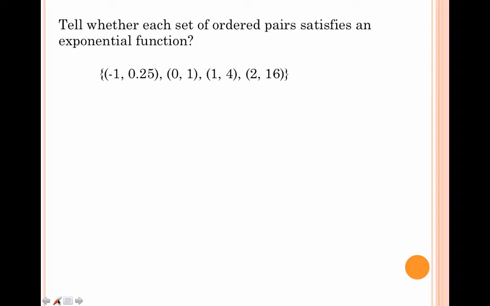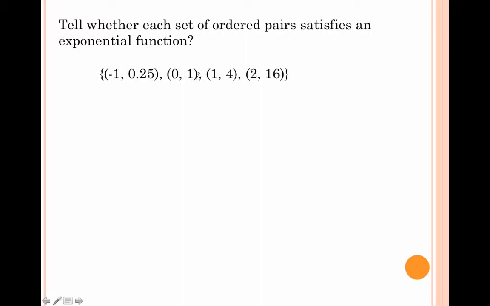So what I want to know is, is this set of ordered pairs an exponential function? Well, we talked yesterday about geometric sequences, and what we saw was a common ratio. So I'm going to see if there is a common ratio in order to determine if this is an exponential function.